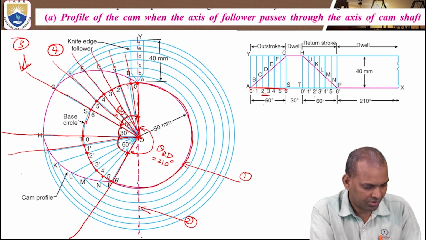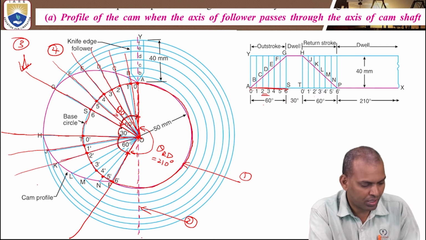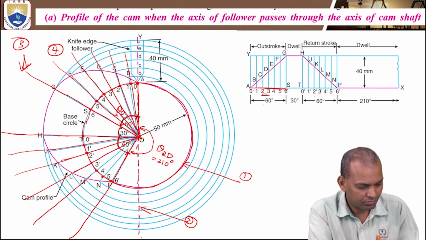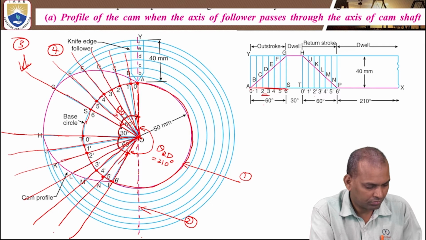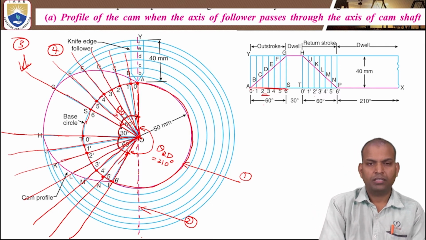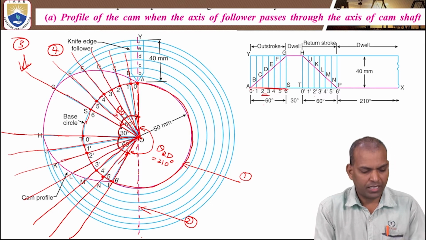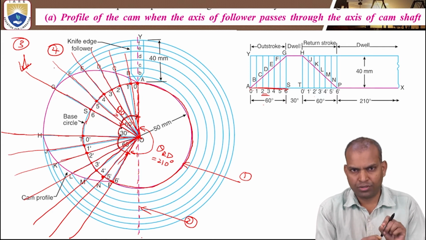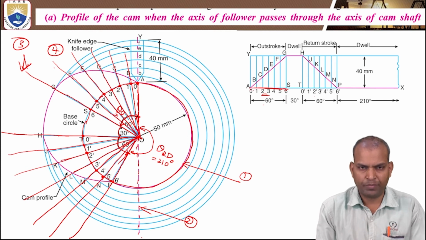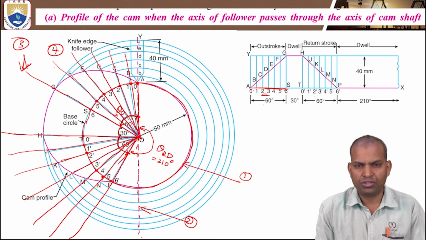Draw radial lines passing through those marked points. Okay. Then what to do? Next step. That is the fourth step. The fourth step is dividing the outstroke angle of rotation of the cam on the base circle and also the return stroke angles with the equal number of divisions as in the displacement diagram.